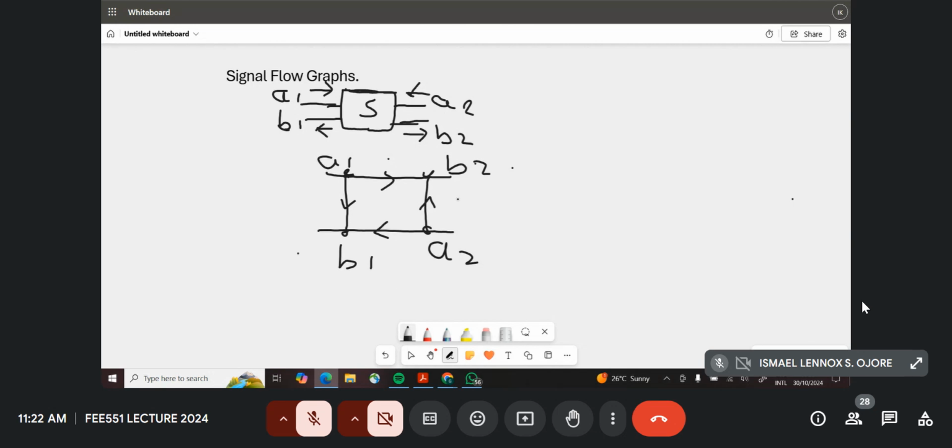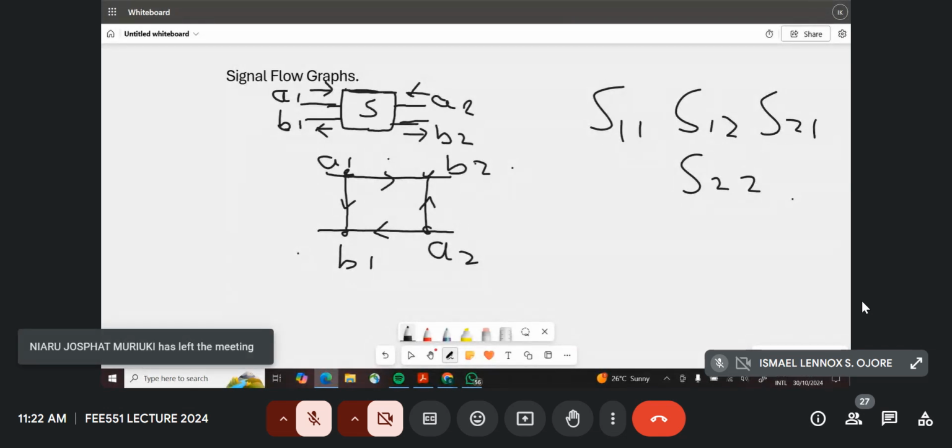Yesterday Sam explained about the coefficients S11, S12, S21, and S22. S11 was the reflection coefficient from port 1. So it's here. I hope you can still see. Yes.